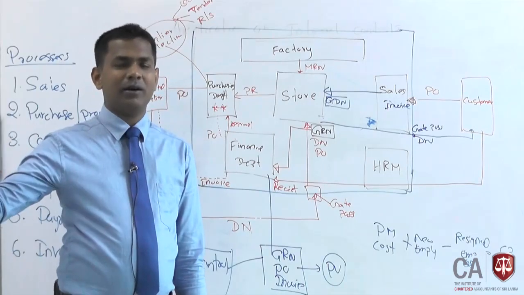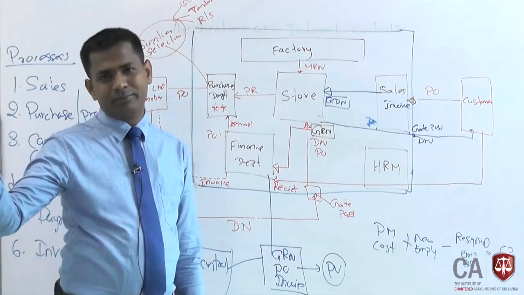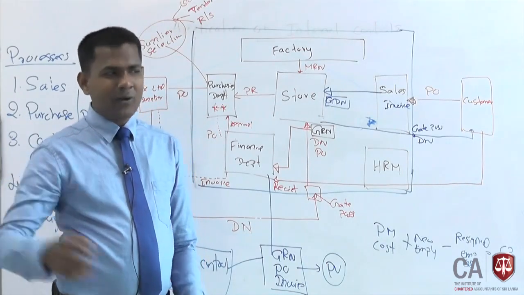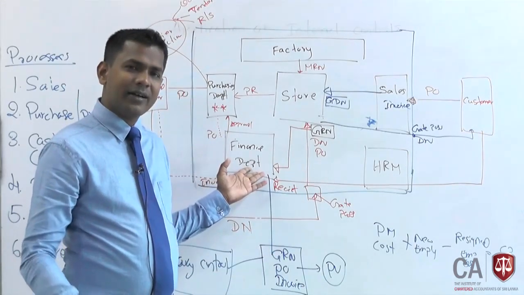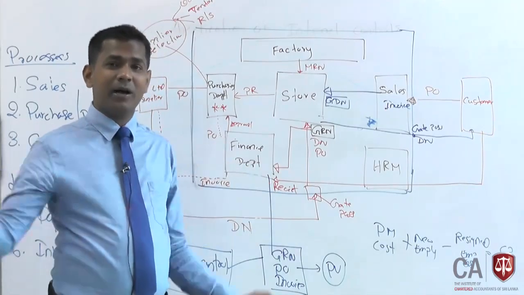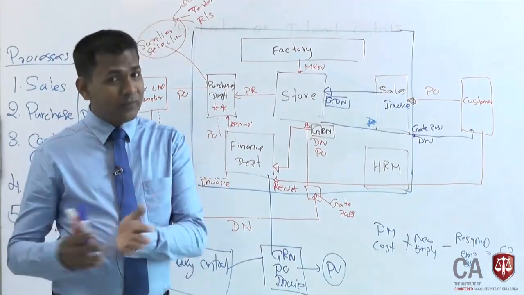The bank account will be your wife's bank account, if the accountant is male. The accountant is the one person who is going to check, and continuously your wife, who is not an employee of the organization, will be getting the salary. So there are a lot of cases like this.